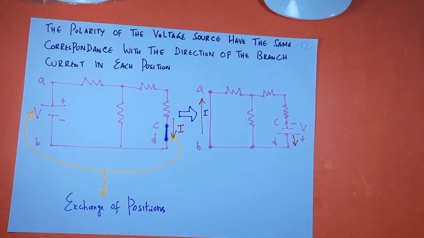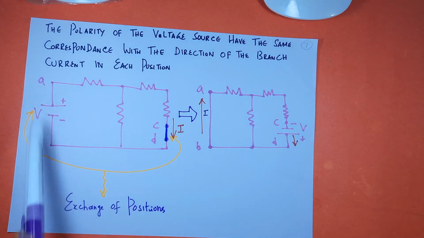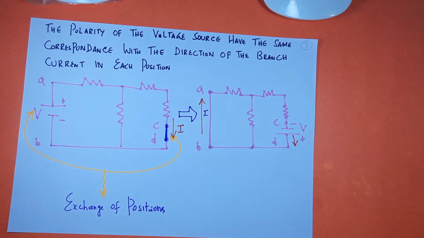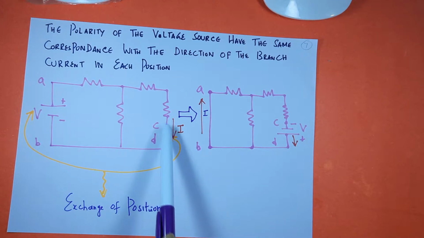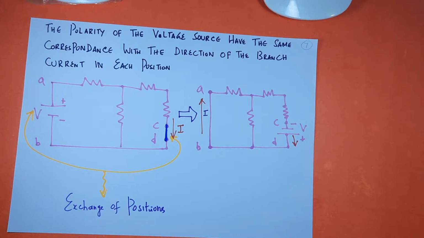So here you can see we have one voltage source. So it should have only one voltage source, single voltage source. So between points A and B we have the voltage source V, and I is the current flowing through this part CD. Okay.